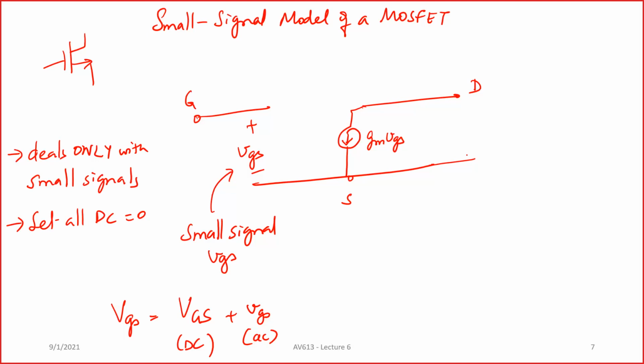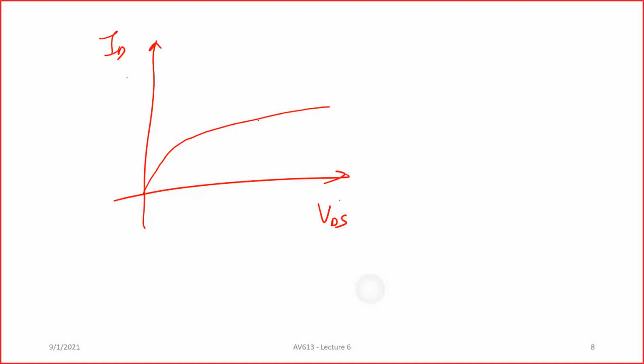The other way is to look at the output characteristics, ID versus VDS, which is going to look like this. Let's say you have biased it with a certain amount of current, in saturation. This is your I naught, or let's say your IDC, and let's say you are somewhere here.